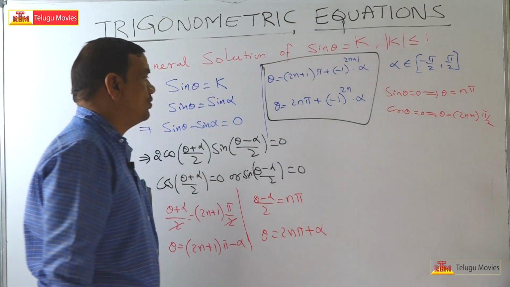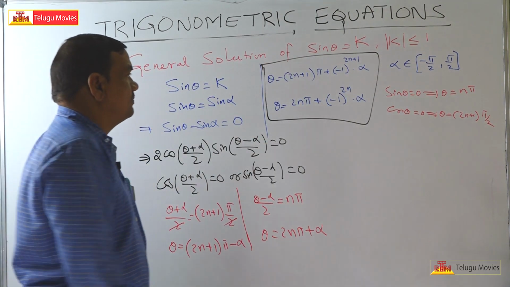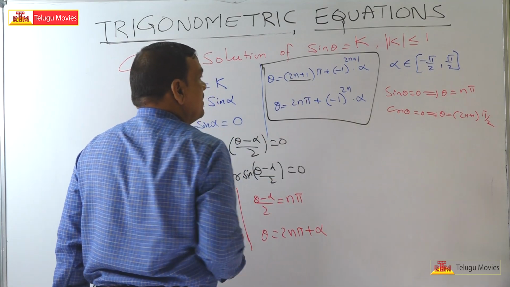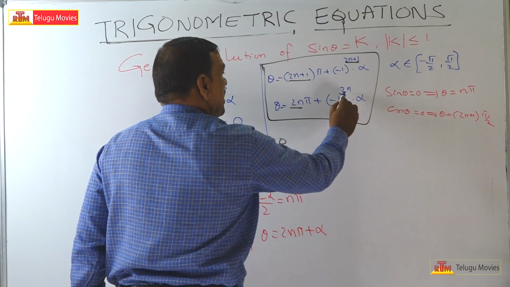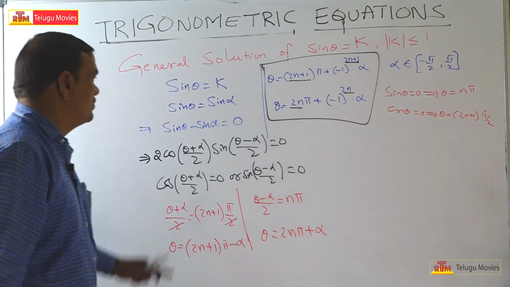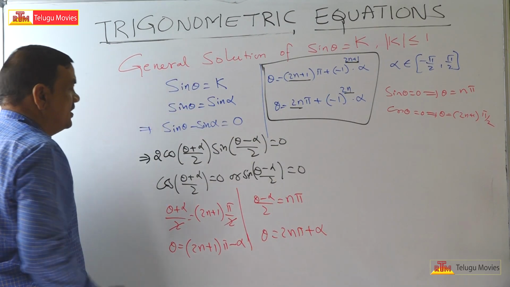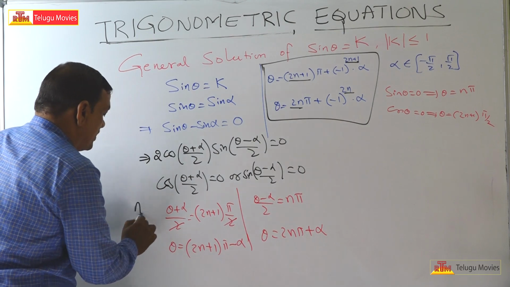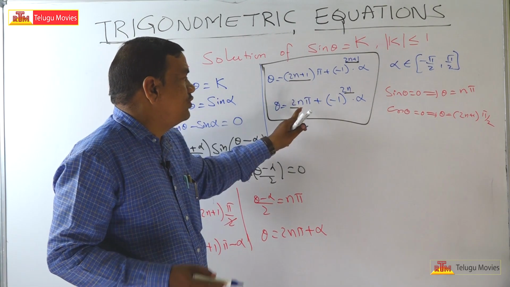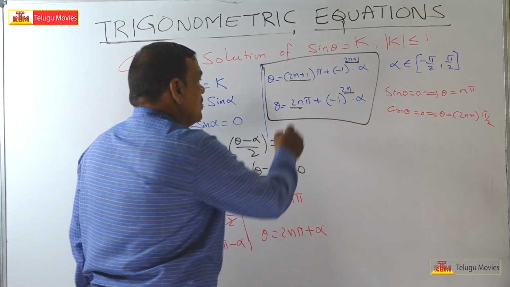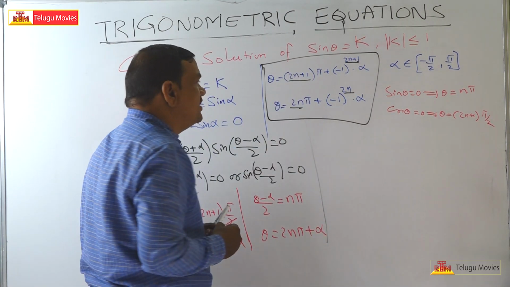Let us combine this solution. What do you observe? Here you are getting an odd number, here also odd, and here an even integer. Here n is an integer, therefore 2n plus 1 is also an integer, and 2n is also an integer. If I combine these two, what happens?